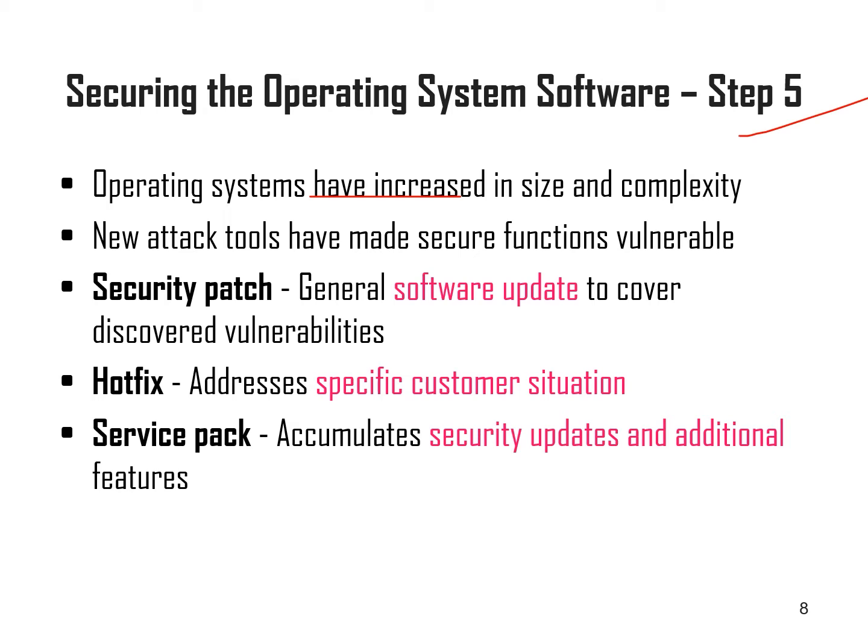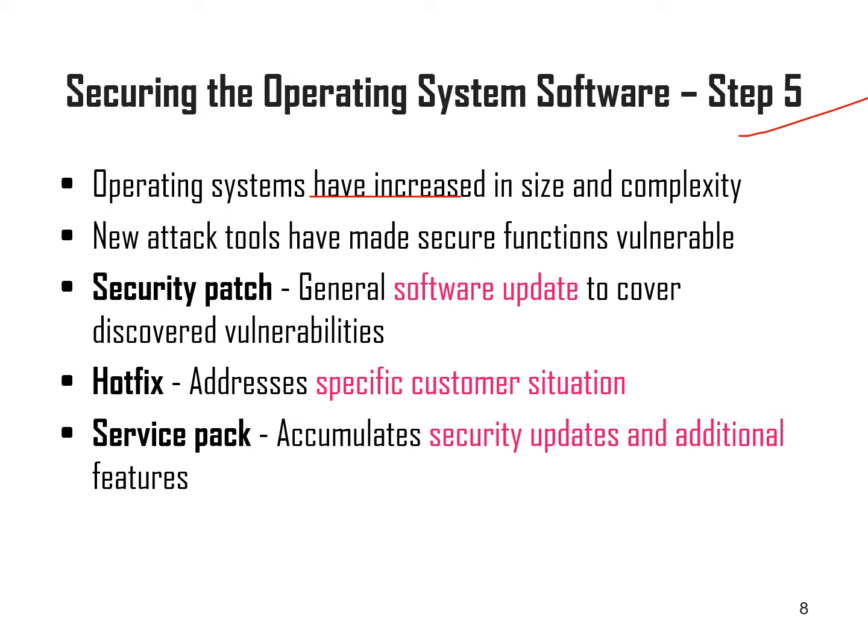Based upon this, a number of attack tools have been made. All the secure functions are there in the operating system itself, but these functions are becoming vulnerable with the help of these new attack tools.